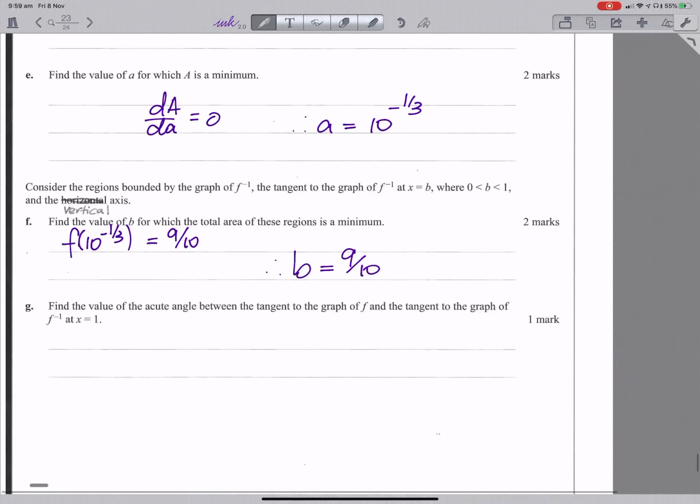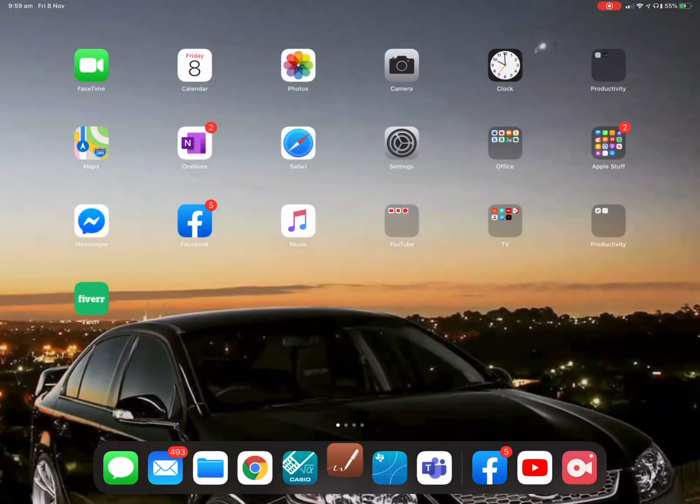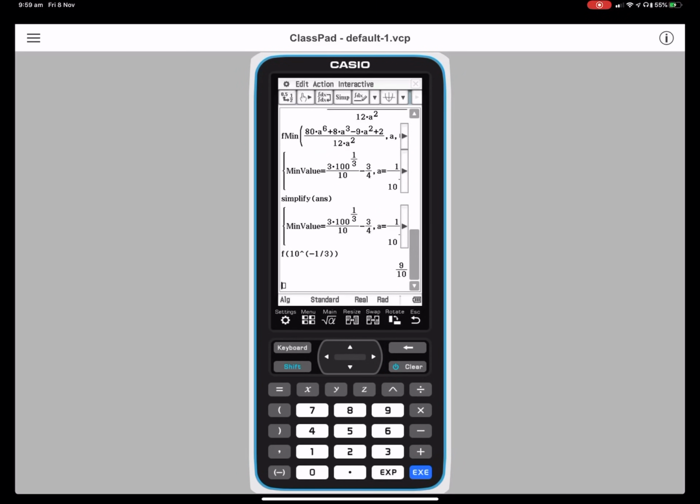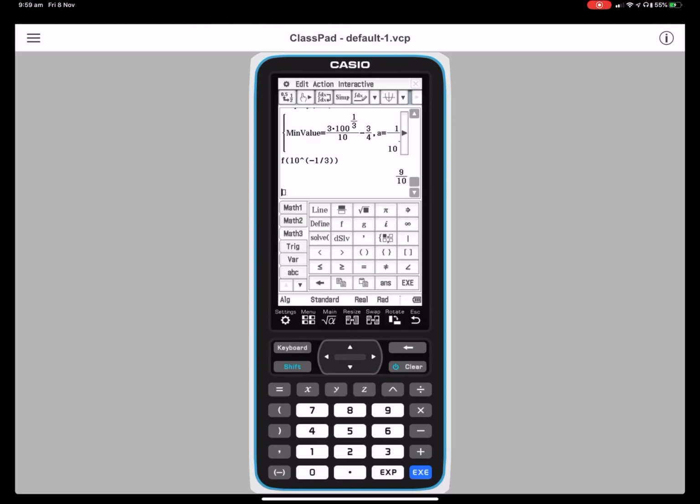So F at x equals 1, okay, so the gradient of that given x equals 1.